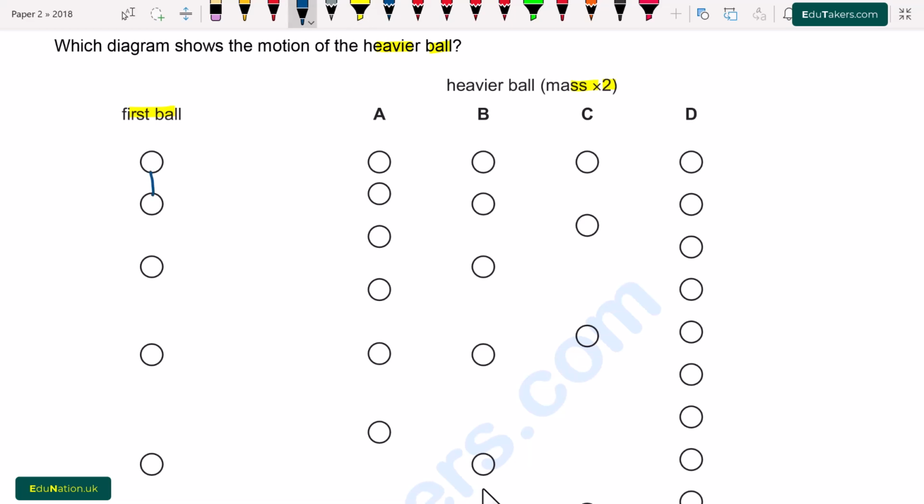We measure this and also compare the trajectory of the first ball with the other. We see here that B is the same as that of the first ball. So option B is correct from here. Because here there is no air resistance, the trajectory will be the same. So option B is correct.